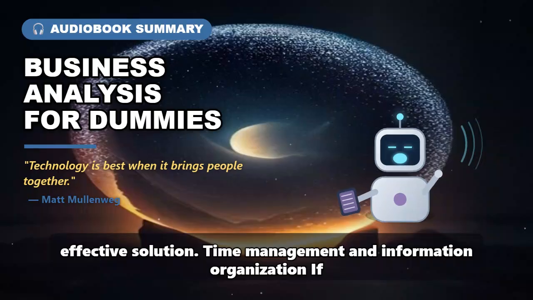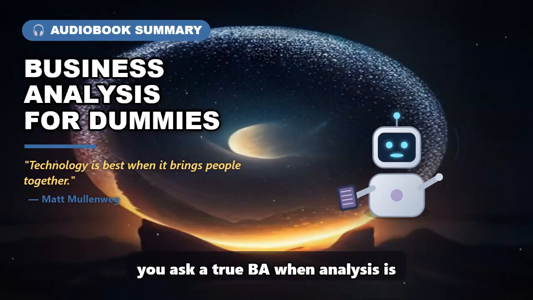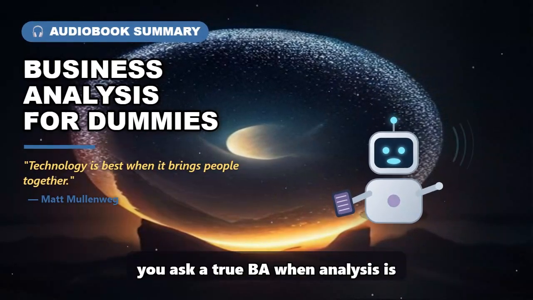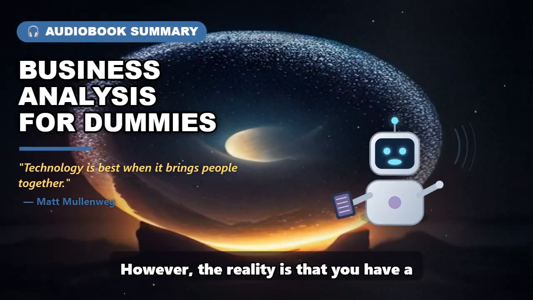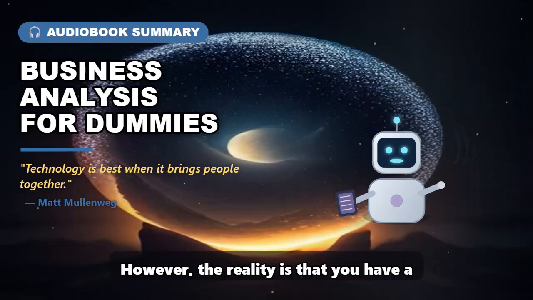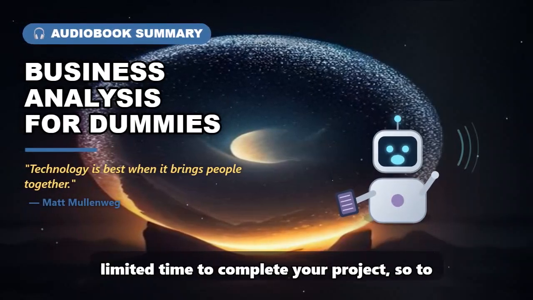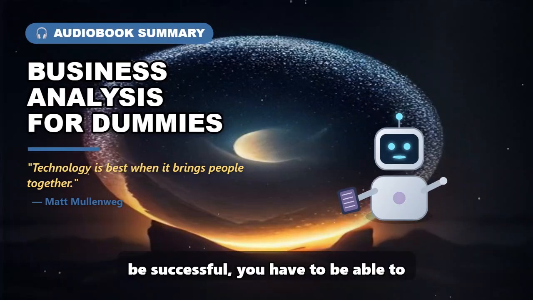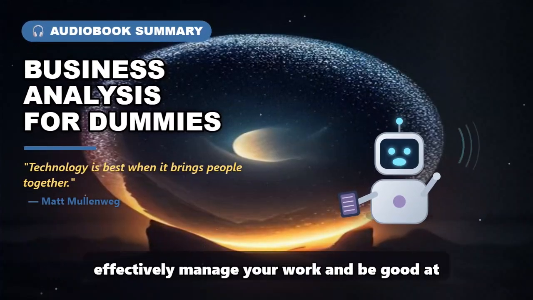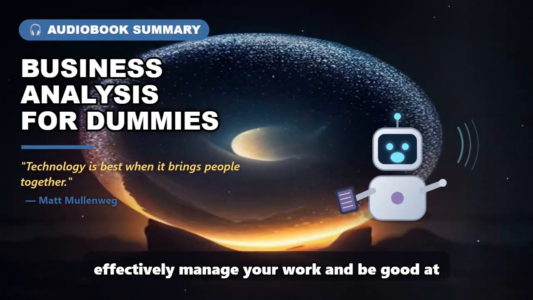Time management and information organization. If you ask a true BA when analysis is done, his answer will be never. However, the reality is that you have limited time to complete your project, so to be successful, you have to be able to effectively manage your work and be good at setting priorities.